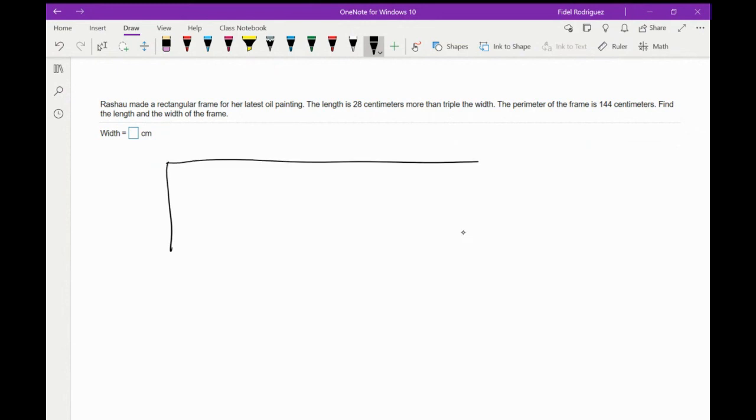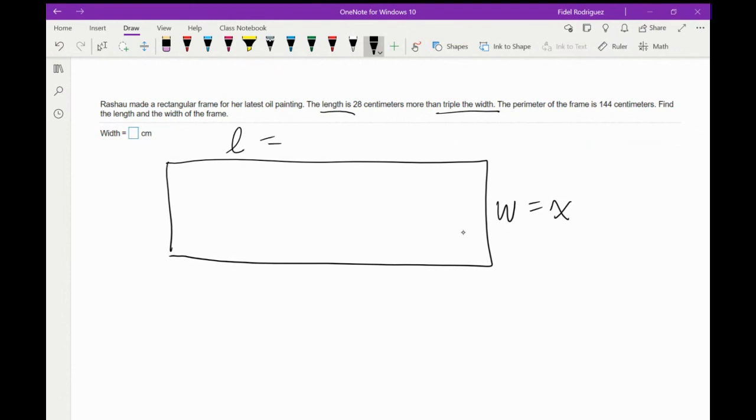So here is my rectangle. We're comparing the length to the width. Since I don't know anything about the width, I'm going to call that x. Then the length, if it is 28 centimeters more than triple the width, would be 3x plus 28.